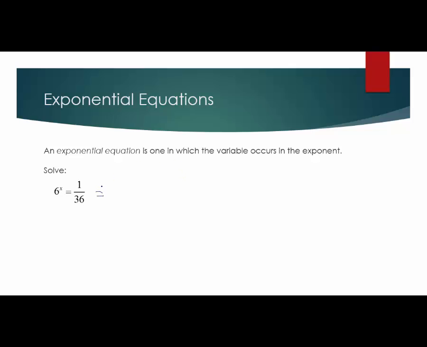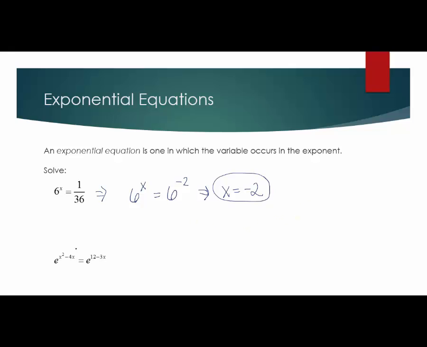Notice that this is the same as 6 to the x equals, well, 6 to the negative 2 is 1 over 36. And if the base is the same, certainly I could just equate my exponents.